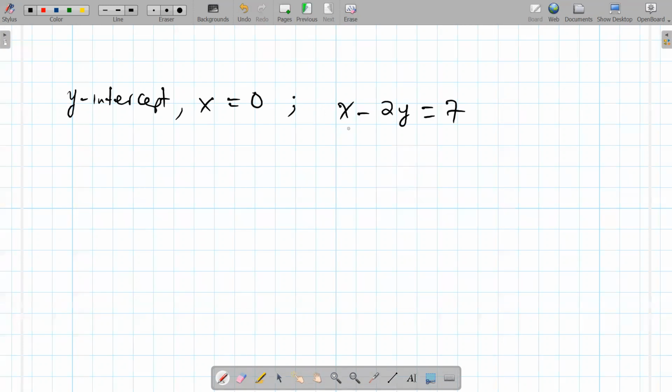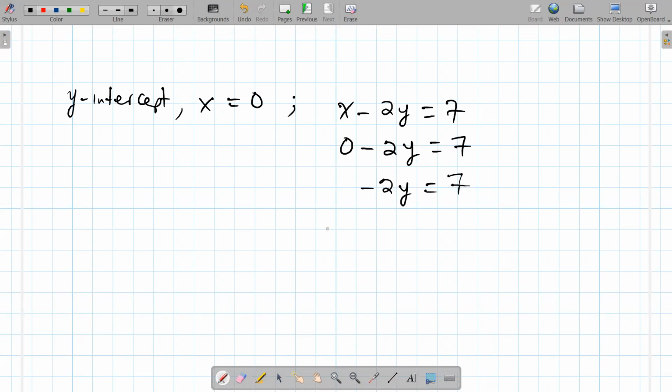So I'm just going to replace every x with 0 and solve for y. So it's going to be 0 minus 2y equal 7. Now, anytime you subtract something from 0, your result is always going to be the negative of that something. Okay, so 0 minus 4 is going to give you negative 4. So in that wise, 0 minus 2y is going to give me negative 2y. And that should be equal to 7.